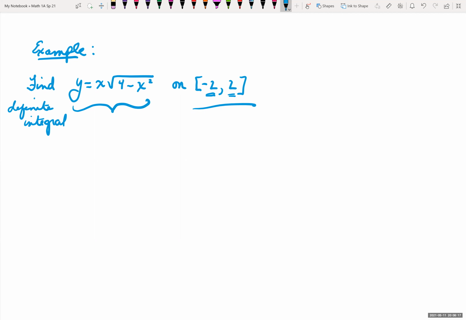So if we look at f of -x, and let's call f of x this function we had, or I could call it y of x if we wanted to. That's where function notation is nice. So if we go back in here and we plug in -x wherever we see an x in this function, we would get back -x times the square root of 4 minus, and then we're squaring the -x.